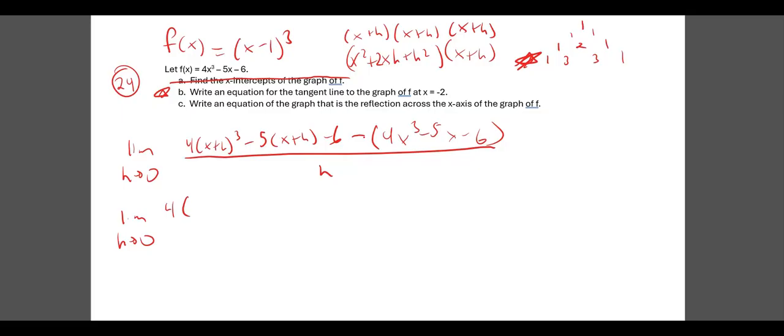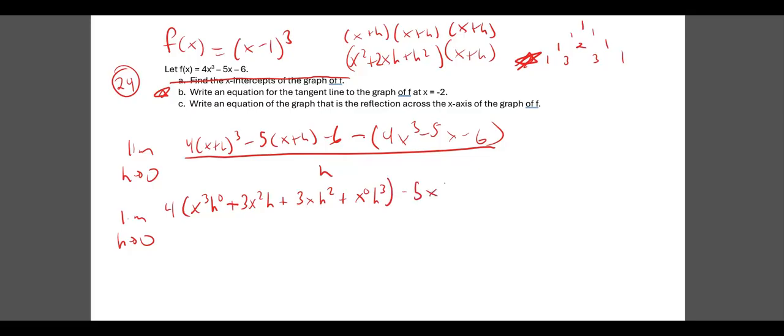We have x cubed h to the 0, plus x squared h to the first, 3 plus 3x h squared, plus x to the 0 h cubed.